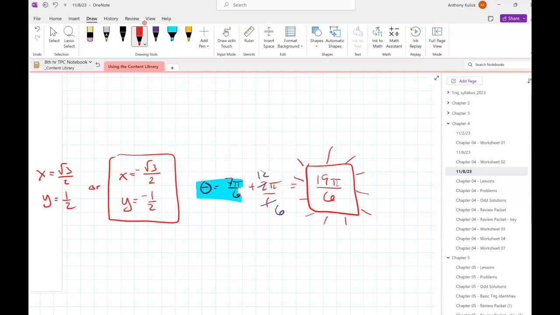Oh, okay, so that's why we knew to do that. So that's our answer. It was just not in the right place. We need to find an equivalent answer that was bigger. We do that just by adding 2 pi until it's big enough, right? If it was still too small after adding it once, I would just do it again and again until it fit into the range I was looking for.